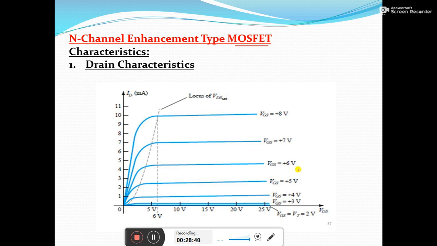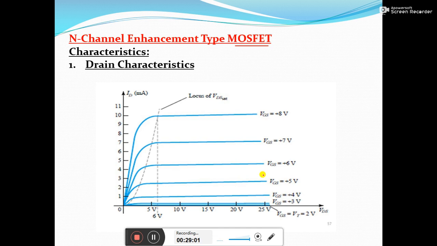Looking at the figure, as VGS is increased beyond the threshold voltage, the density of free carriers in the induced channel increases, and that increases the drain current.